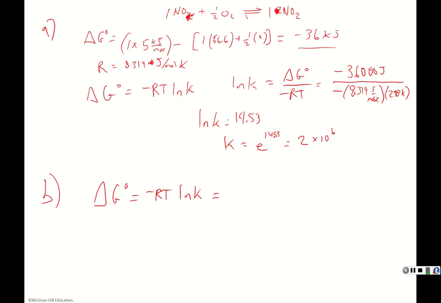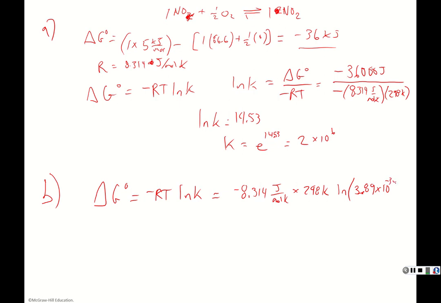And we're given everything, so we can just plug it in. So 8.314 joules per mole Kelvin times 298 Kelvin times the natural log of 3.89 times 10 to the minus 34.